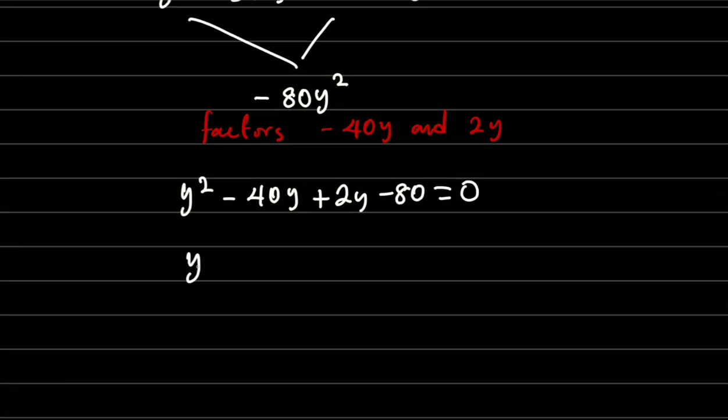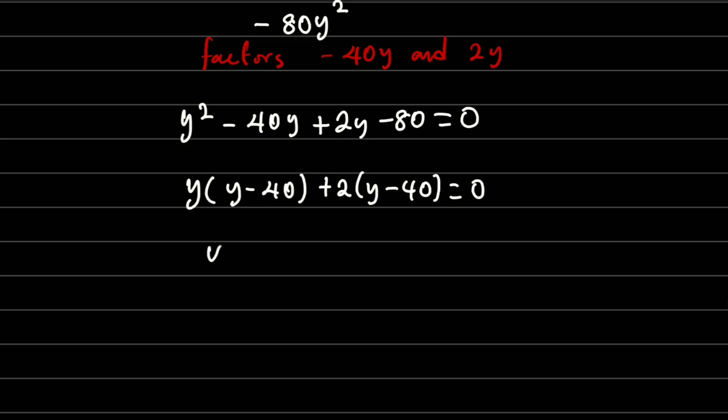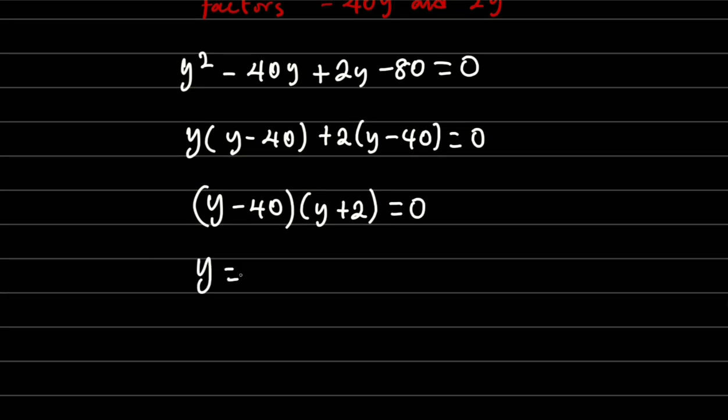So we have y into y minus 40, then plus 2 into y minus 40 is equal to 0. So y minus 40 into y plus 2 is equal to 0. So y is equal to 40, okay, and y is equal to minus 2.